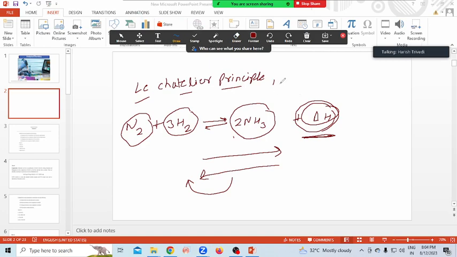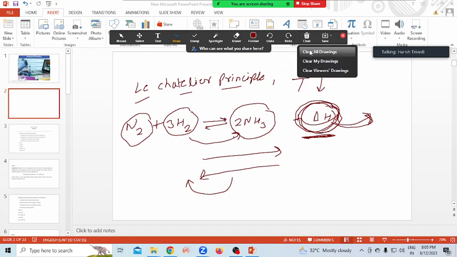If we decrease temperature, this extra heat will be taken out, so more product will be formed and the reaction will move toward the forward side. The heat generated in the reaction is being removed, so by decreasing the temperature the equilibrium will shift toward the right-hand side. This is the effect of temperature according to Le-Chatelier principle.